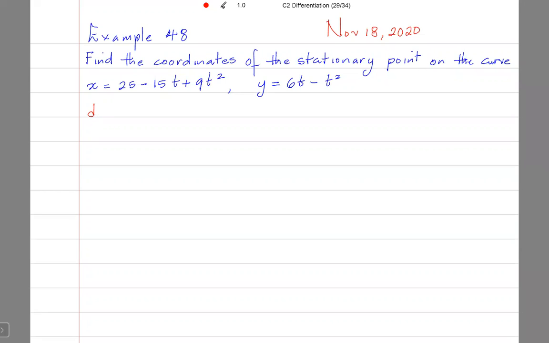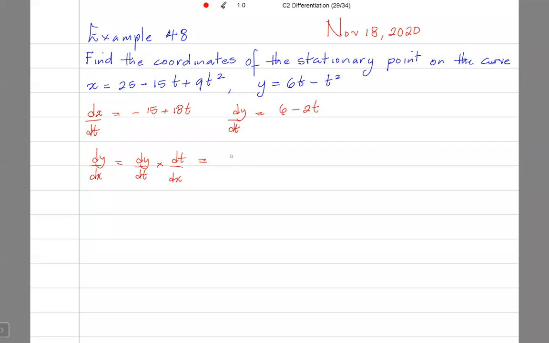So I would find dx by dt, and this would be minus 15 plus 18t, and I would find dy by dt, and that would be 6 minus 2t. Dy by dx would be equal to dy by dt multiplied by dt by dx.